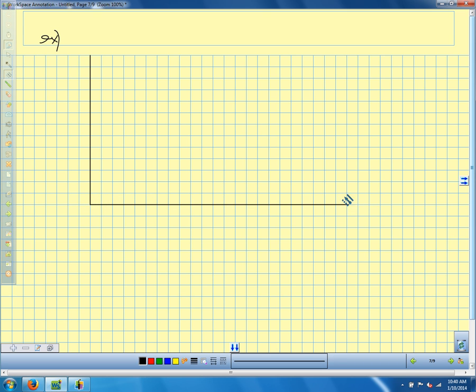So here are my axes. And we're going to put one vertex up here at 0, 4, one vertex at 8, 0, and one vertex here at the origin at 0, 0.